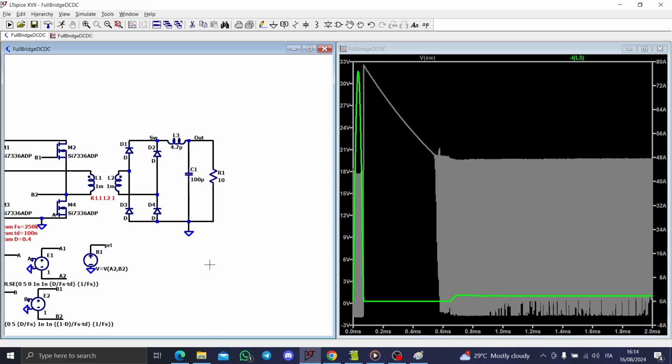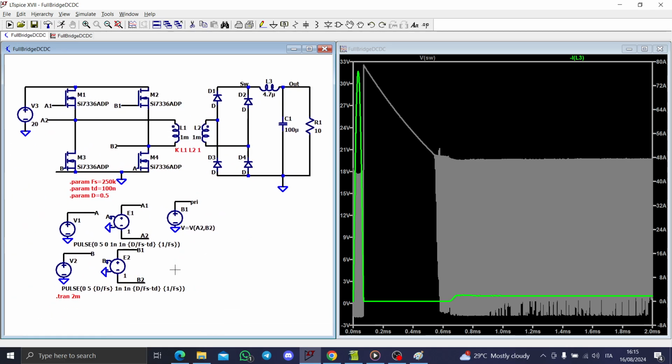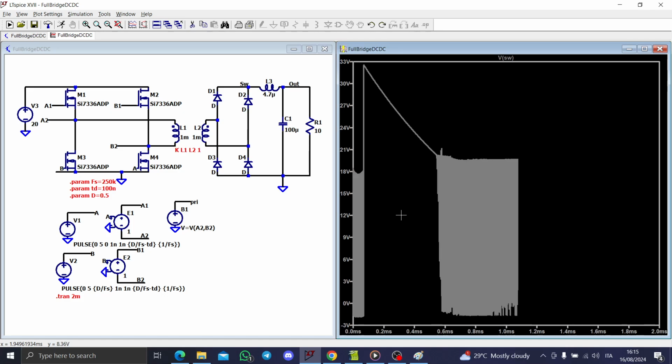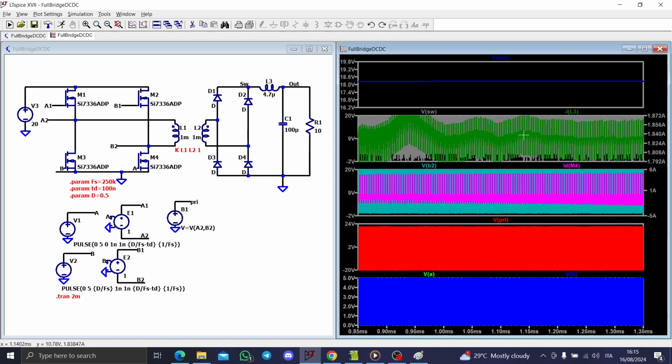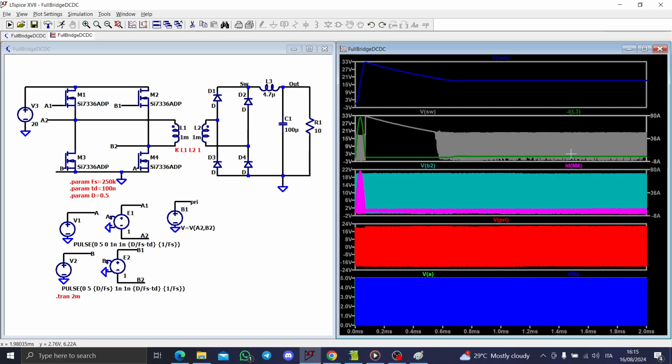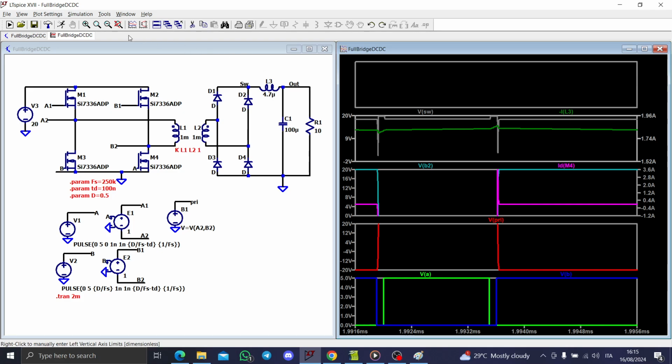So let's come back again to the correct configuration in which there was the D. So these are the waveforms that you should expect.